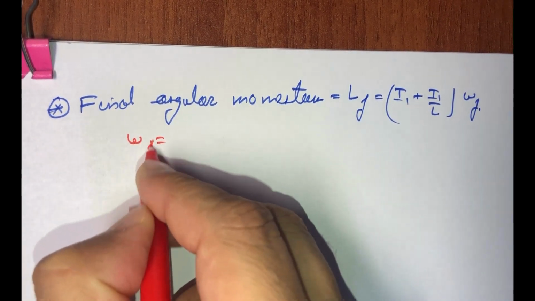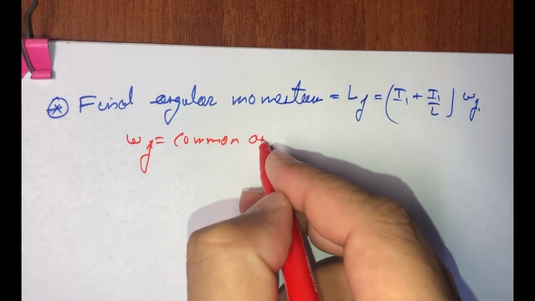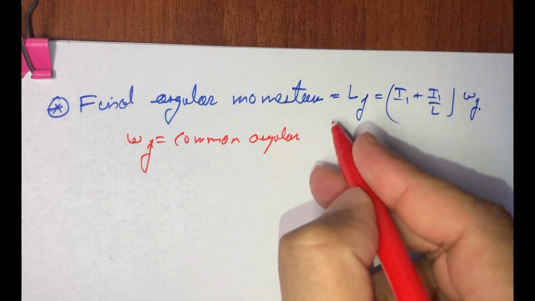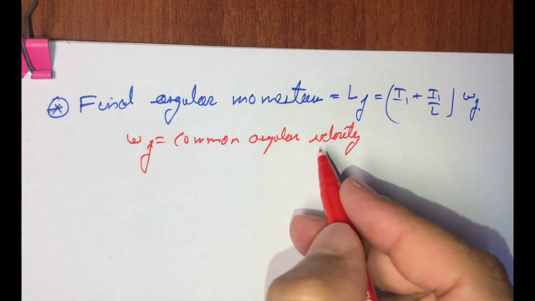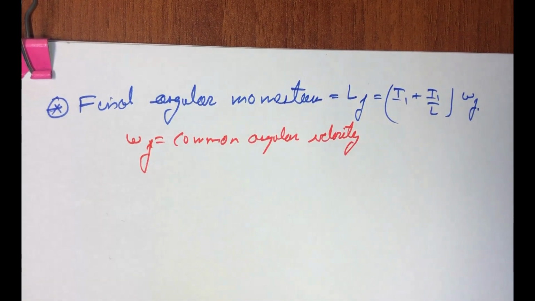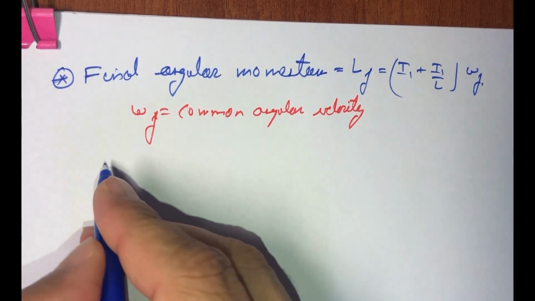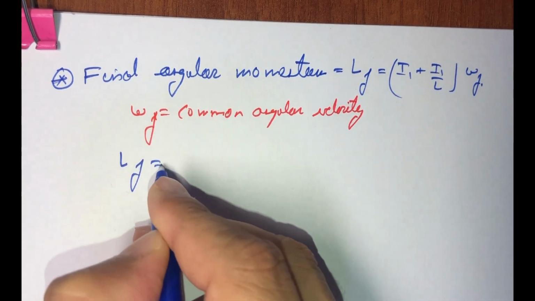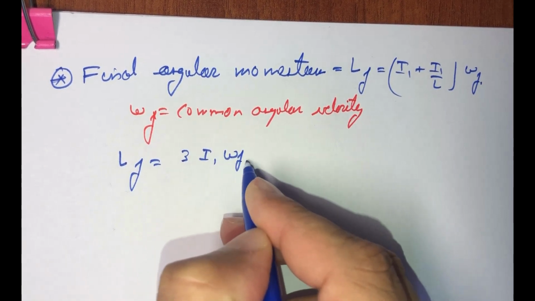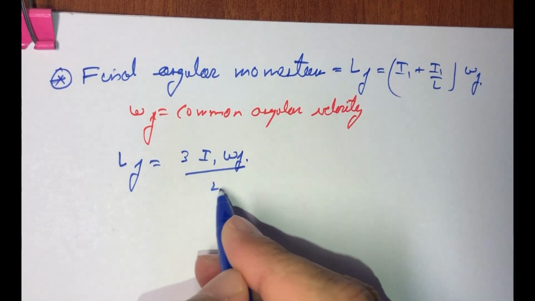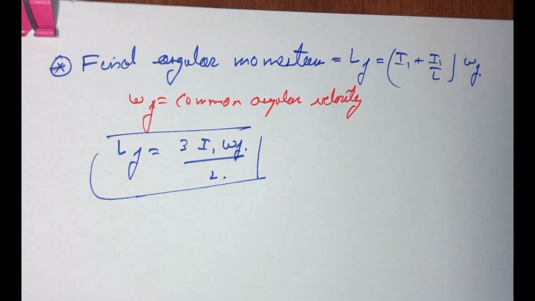Therefore LF will be equal to 3 I1 omega f divided by 2. So this is our final angular momentum.